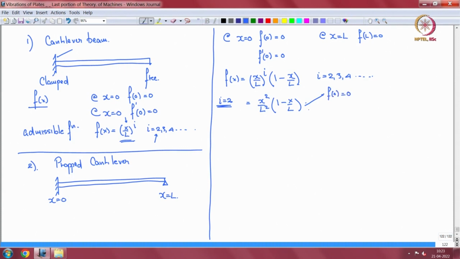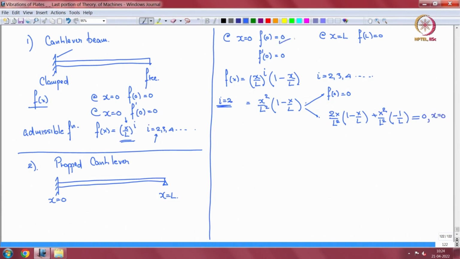Then f dash is 2x by L square into 1 minus x by L, plus x square by L square times minus 1 by L. Definitely 0 at x equal to 0.